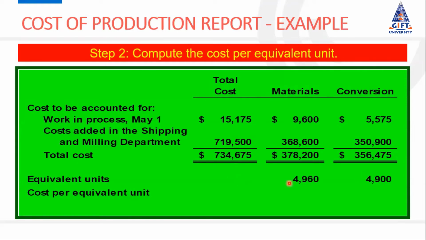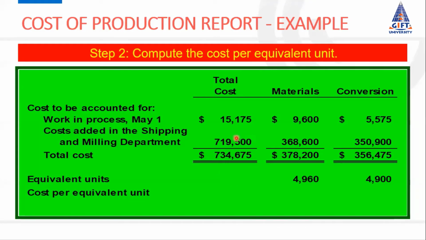Keep them separate, because we have to use these figures for calculating per unit material cost and per unit conversion cost, and from these we will calculate per unit total cost. But we will not divide 7,34,637 by the total of these two figures. Don't do this. This is a wrong approach. Your answer will be wrong.